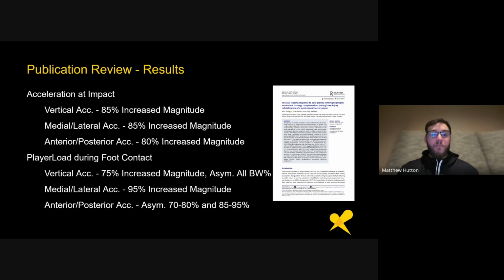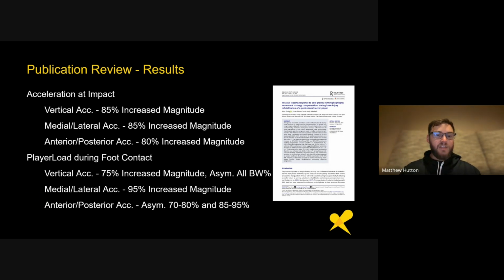And so the vertical acceleration started to increase at 75%, and then it was asymmetrical all the way. So the vertical forces showed asymmetry regardless of body weight. The medial lateral only started to show a statistically significant difference at 95% of body weight. And that's when it started to show increased acceleration forces.